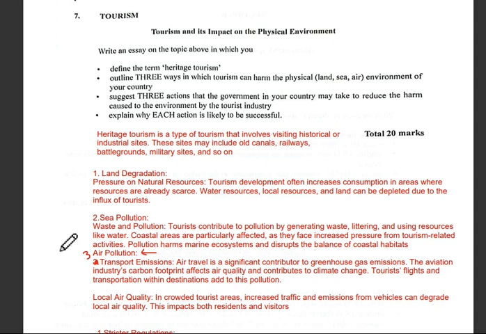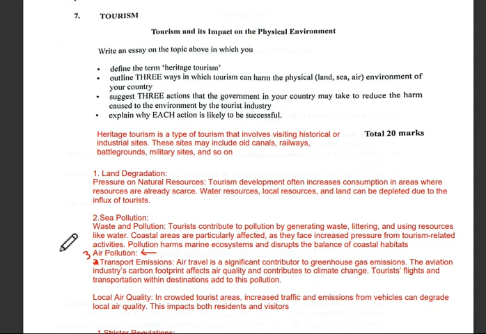Tourist flights and transportation within the destination add to this pollution. So air pollution would have the contribution to greenhouse gases that would affect the air, and that's what they are asking here, guys.